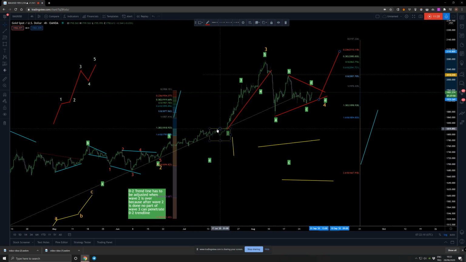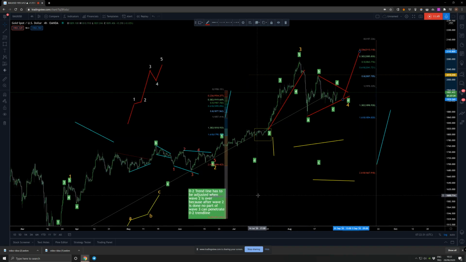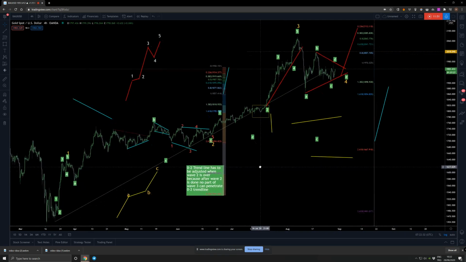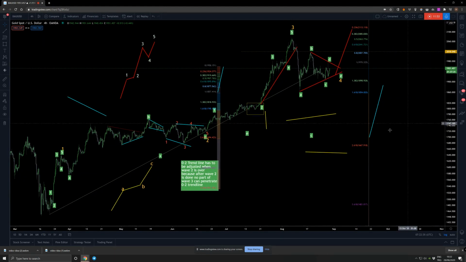But here is where you should scratch your head a little bit: this break here of the 0 to 2 trend line. I don't like this. Part of the third wave should not break it, but it can still happen. I mean, it can still work, okay? But this is the part I don't like. But other than that, the analysis, even though I know it's a little bit confusing, actually makes sense.